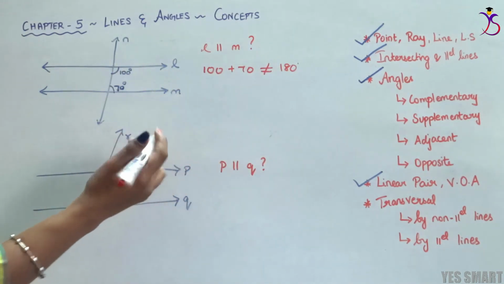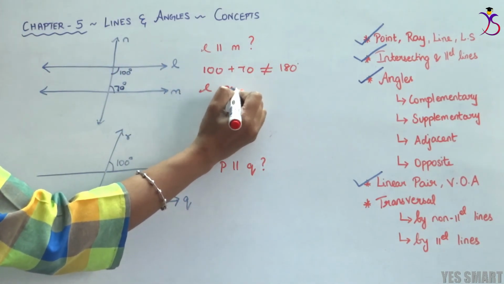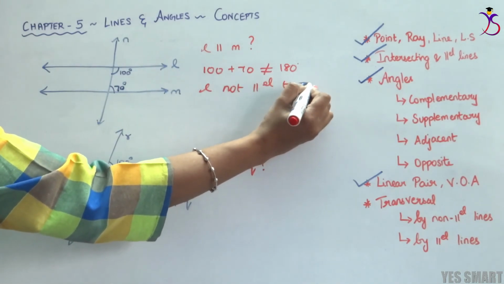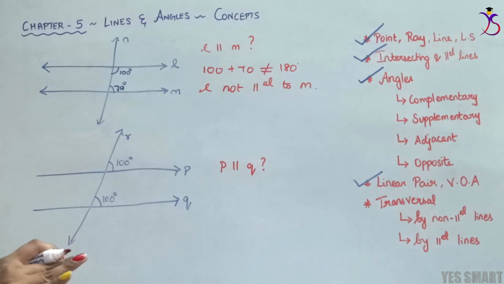They are not supplementary. Hence, line L is not parallel to line M, because if line L is parallel to line M where N is the transversal, definitely the co-interior angles will be supplementary as per the property. Here the property is not satisfied. Hence line L is not parallel to line M.